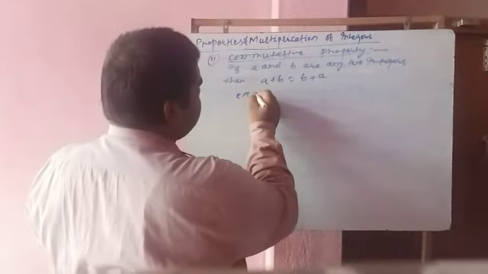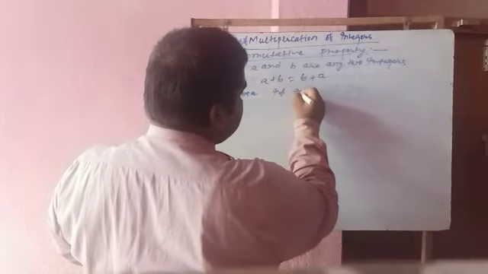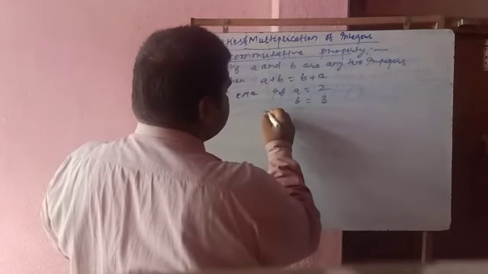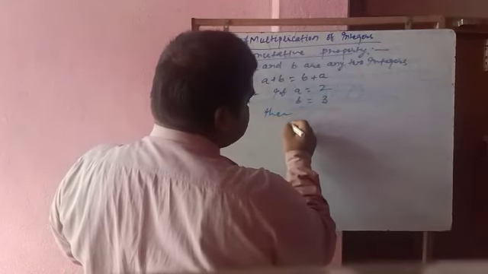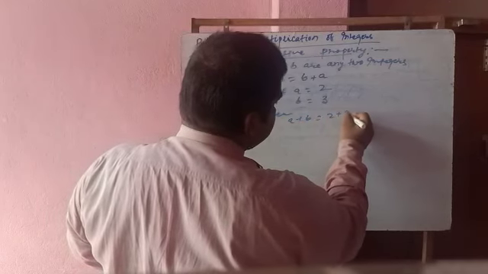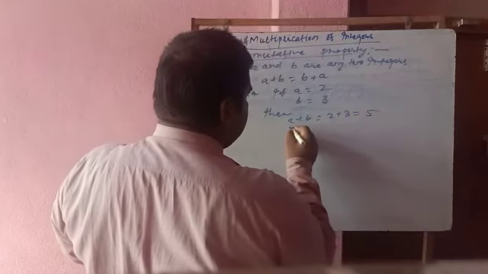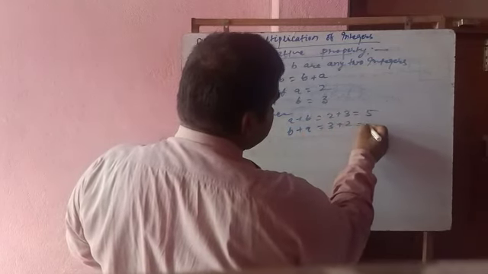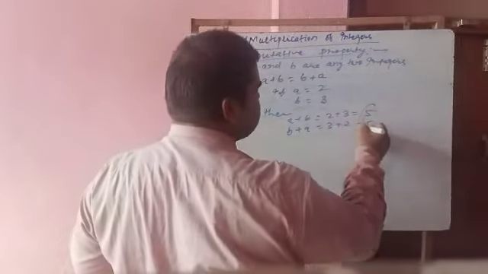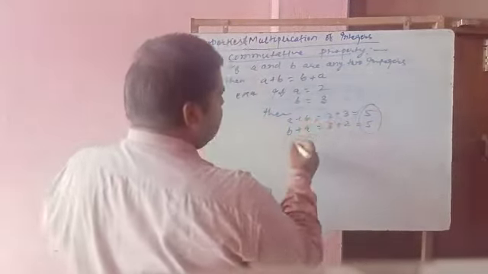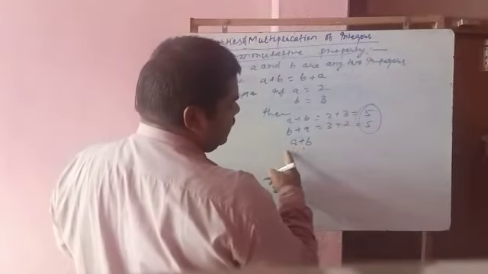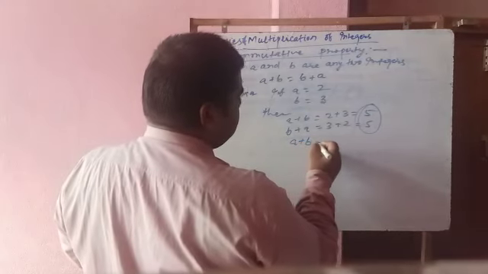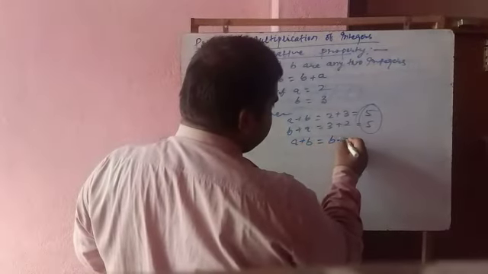For example, if a is 2 and b is 3, then a plus b is 2 plus 3 which is 5, and if you reverse the order, b plus a, 3 plus 2 is also 5.